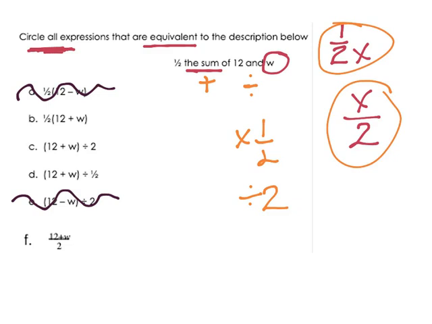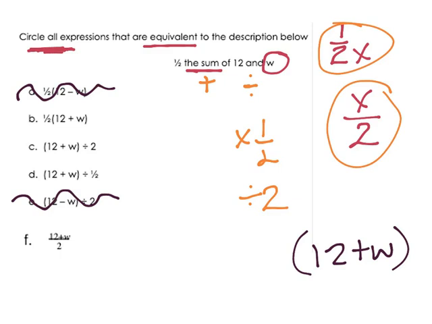Okay, so now I'm going to ask myself, I need to find half of the sum of 12 and W. So that means I have to find that sum before I can do anything else. So that means 12 plus W has to be in parentheses or clearly stated that it is going to be done first. So I look at all of these.